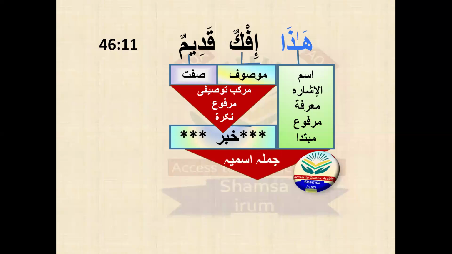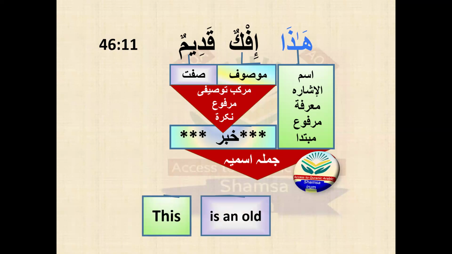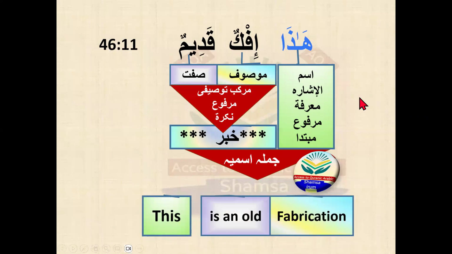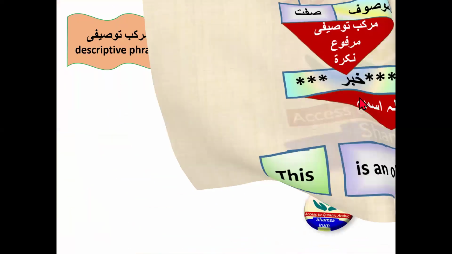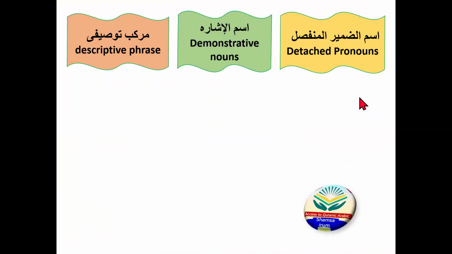Jumla ismiya is complete now. This is an old fabrication, or you can say a very old fabrication, because this qadim is on the wazn of fa'il, so you can say not only old, very old.